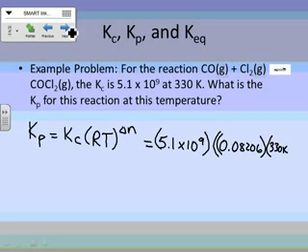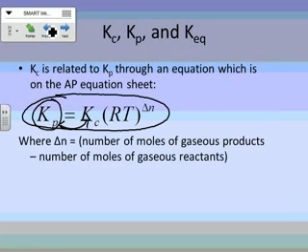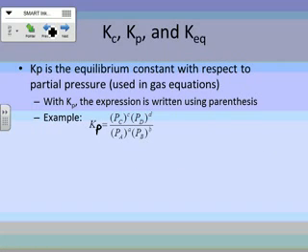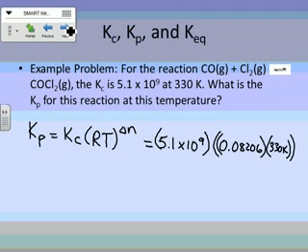It's already in Kelvin, which is good. And then we take that to the delta N power. Remember again, delta N is the moles of gaseous products minus the moles of gaseous reactants. So our gaseous products, we have 1 mole of gaseous products here, and we have 2 moles of gaseous reactants. So 1 minus 2, that gives us a negative 1 here.